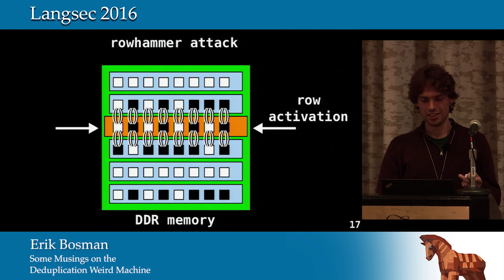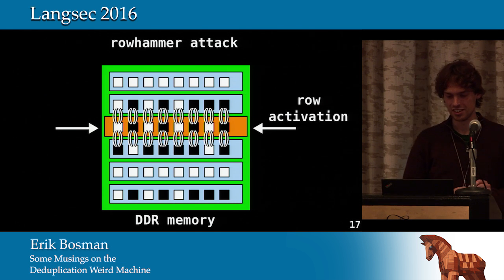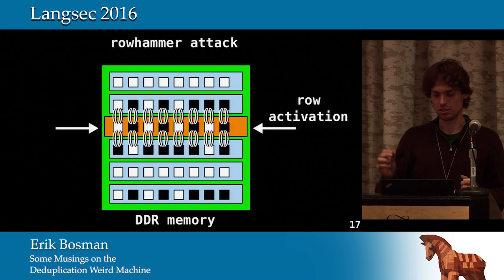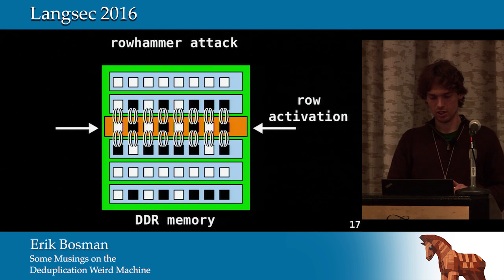In Rowhammer, when you activate a certain row repeatedly, there are some physical properties of the DRAM memory, which is made out of capacitors, which cause charges to leak, and if you do this quickly enough and you have bad memory, bits may flip.